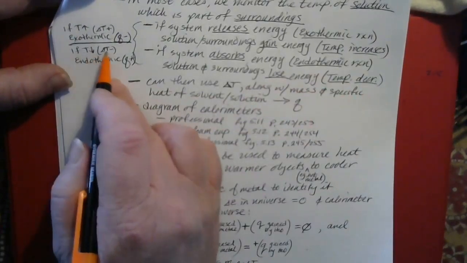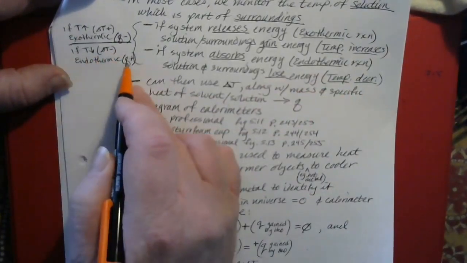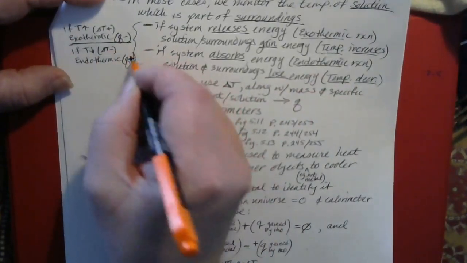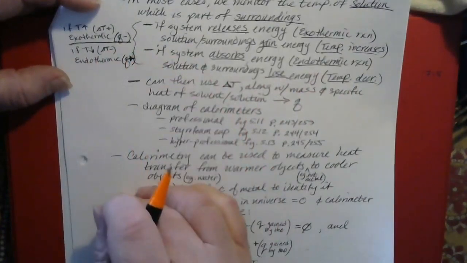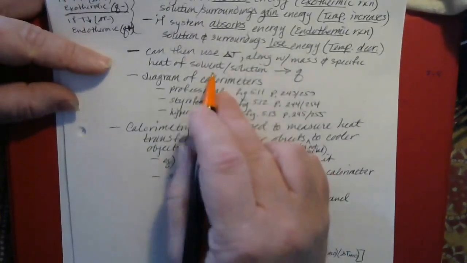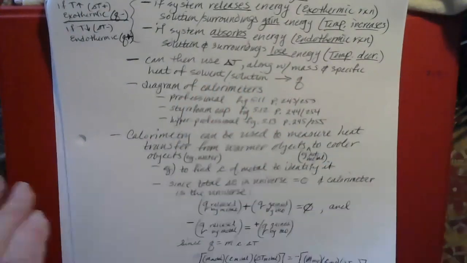So if the temperature goes down, or in other words, if delta T is negative, then the reaction is endothermic and Q is positive in that case. So then we can use delta T along with the mass and the specific heat of the solution or the solvent to find Q.